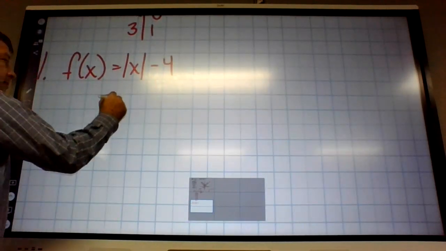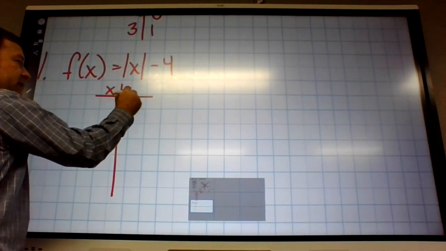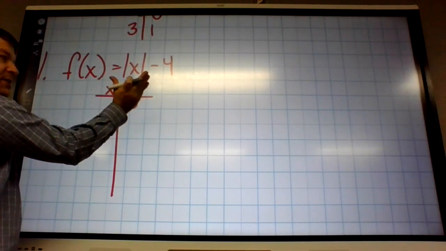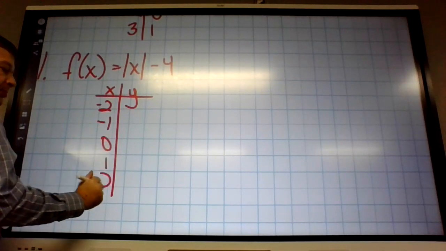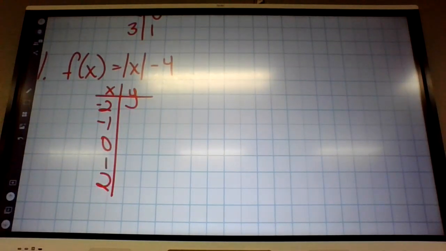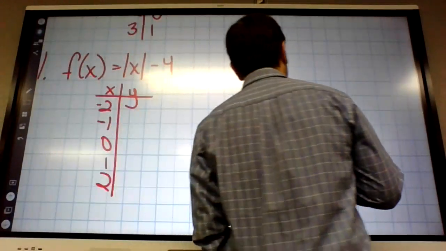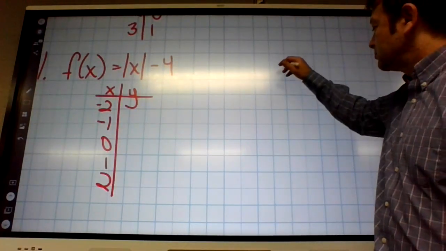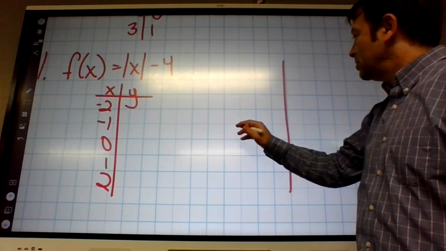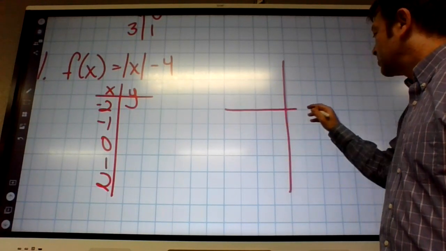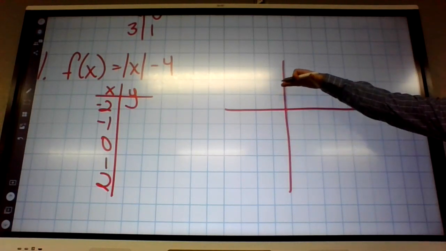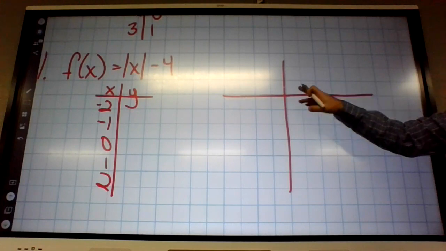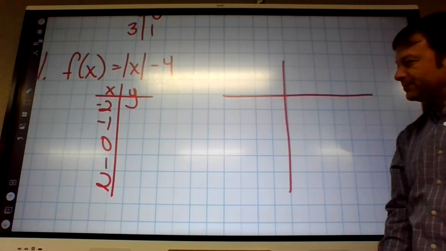But we're supposed to make a table. So if it's moved down 4, the center of the graph is still in the middle at 0. So I'm just going to use those 5 x values centered around 0. Since I know the graph is going to move down 4, I might put my x-axis a little bit higher, because everything's going to happen down here.